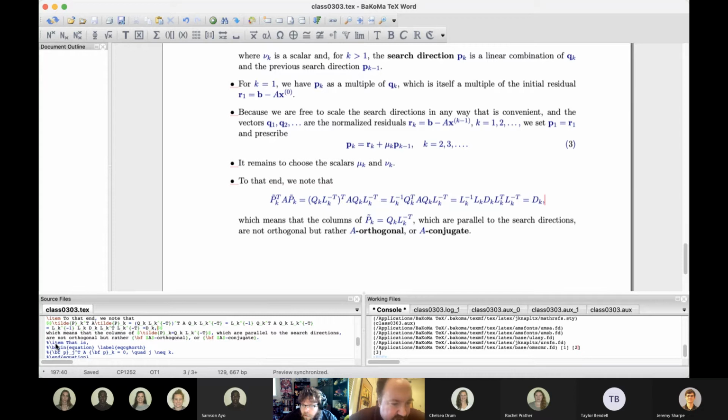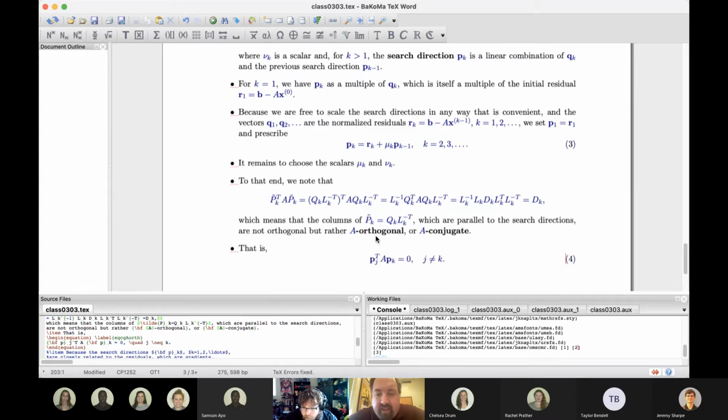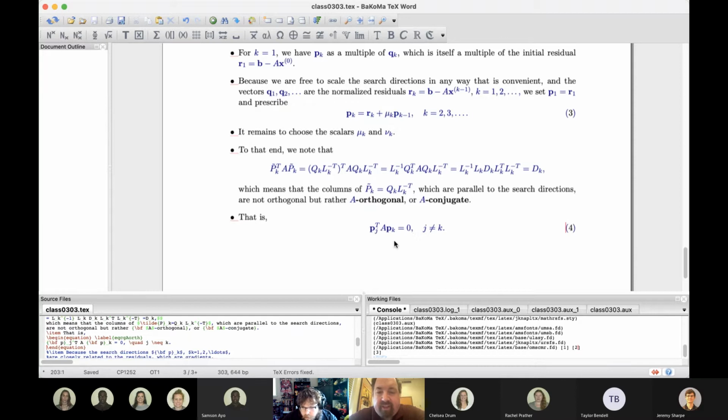Another way of phrasing it is this inner product, Pj transpose A Pk, is 0 when j is not equal to k. Now, if I didn't have A here, like if A was identity, that's ordinary orthogonality. But because the A is in here, it's A-orthogonality.